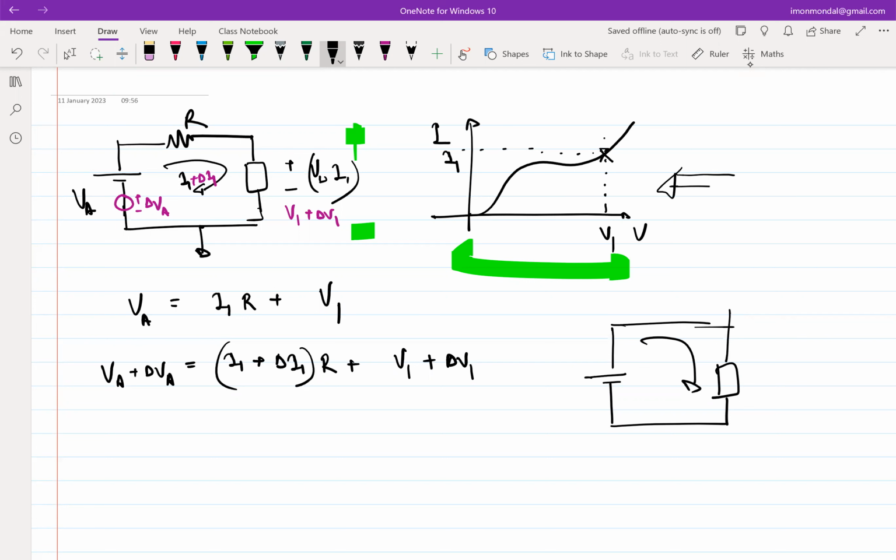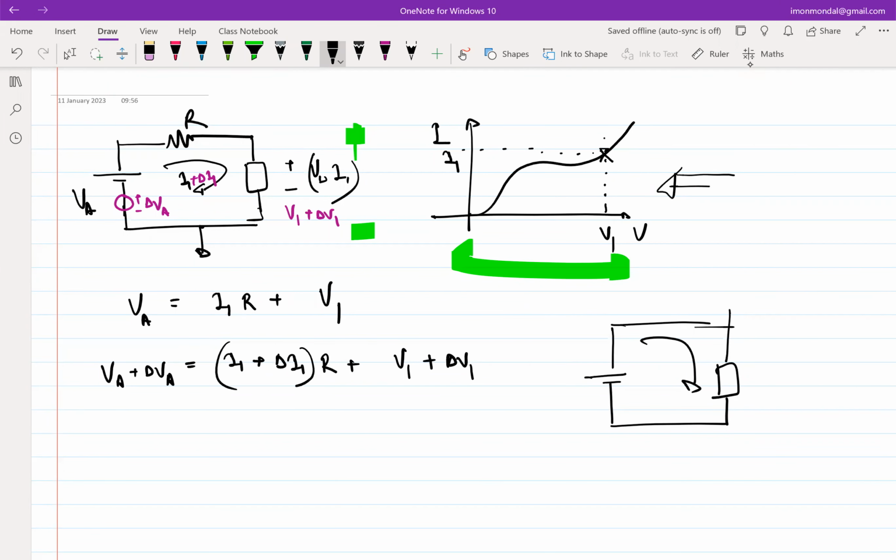So when I am doing this experiment, I can say that V1 is an independent variable because I am changing it independently and observing I1. So this plot is a result of some experiment done a priori to get the IV characteristics, where V1 was the independent variable and I1 was the dependent variable.